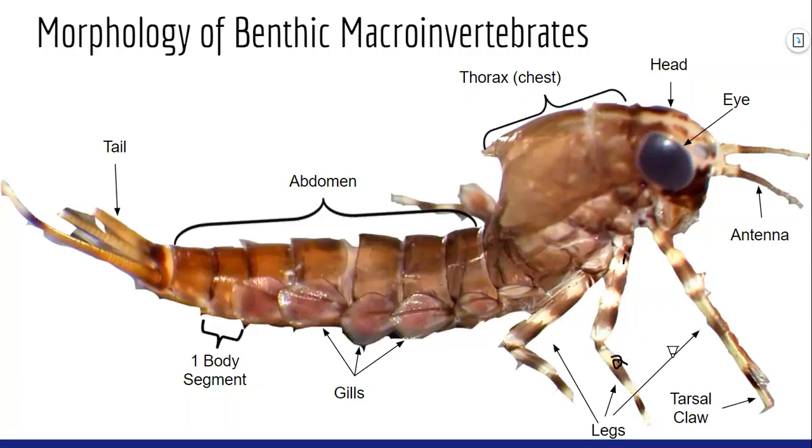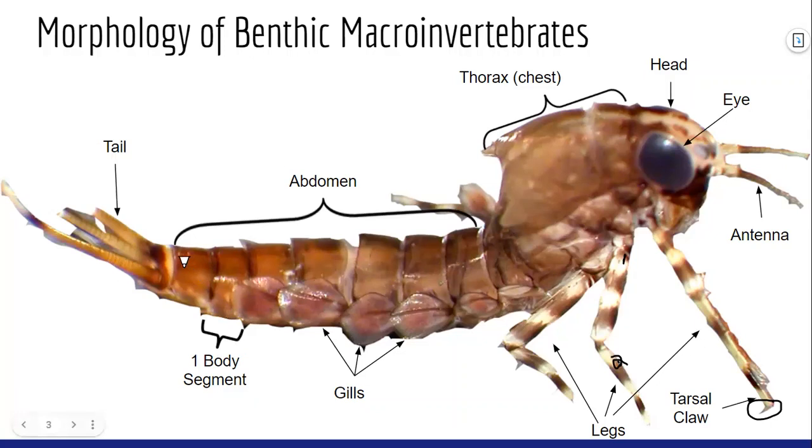And sometimes legs will terminate in tarsal claws as well, which you can see here. You can see this one has one, but some invertebrates may have 2 tarsal claws. So that makes it a helpful feature when trying to differentiate between different individuals. We also have an abdomen, which is made up of segments.